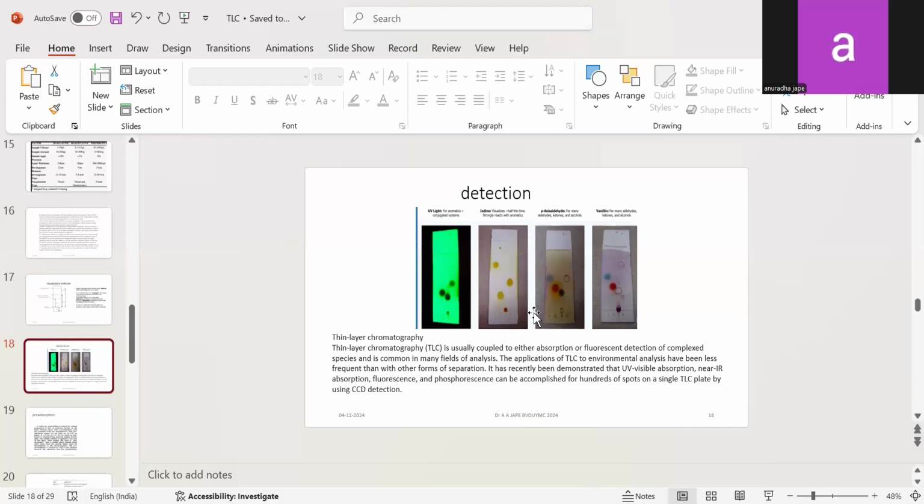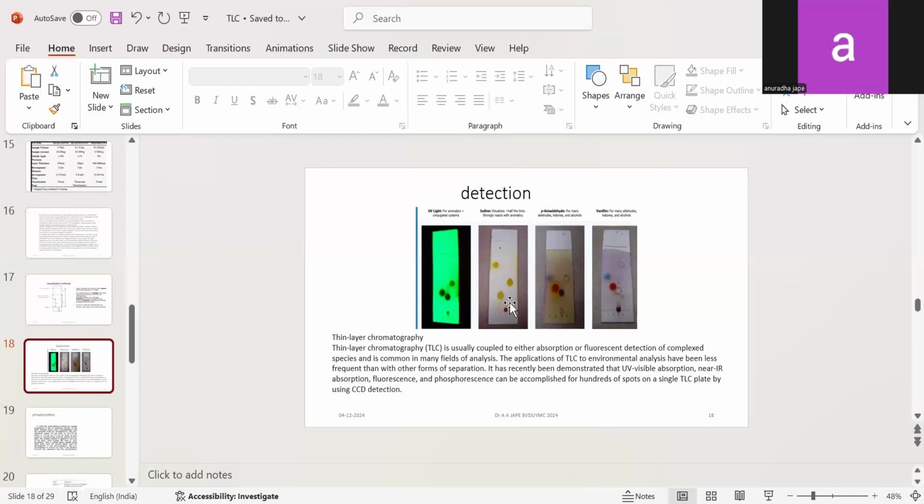Another thing that you can use this data to find out is the amount of the analyte at a given spot. So the amount of the compound which is present in a given spot can be determined in different ways. Maybe on-plate quantification that we have to do, where radio chromatograph scanning is done out of different development methods. If we are using radio labeled compounds and radio scanning, it will be very easy.